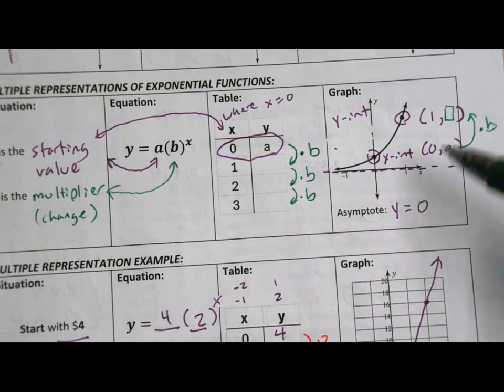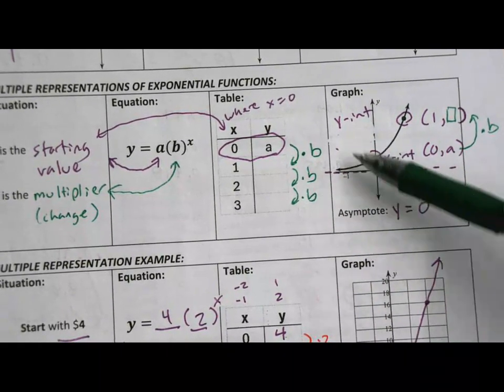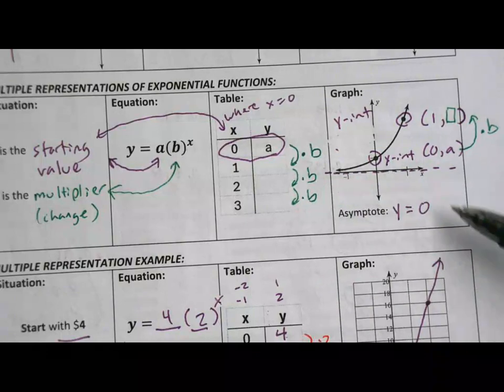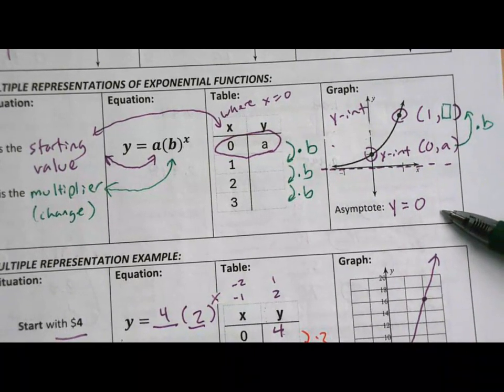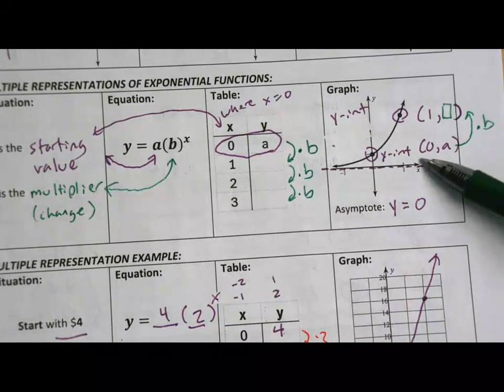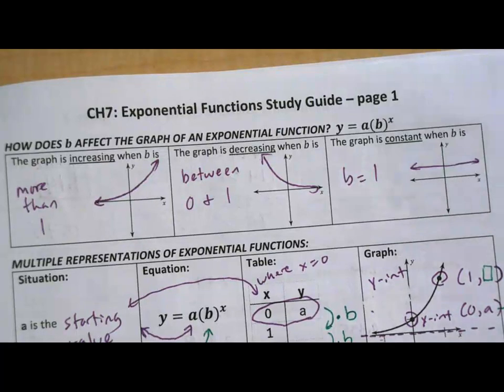So if I've got it up here on my screen if you want to look. Remember how we said that this graph was going to get super, super close to 0 but never quite get there? So that's called an asymptote. It's a line that the graph approaches but never quite touches. So when they tell us that the asymptote is y equals 0, basically they're giving us another hint that this is going to be our equation. Yep. Thanks for that question.